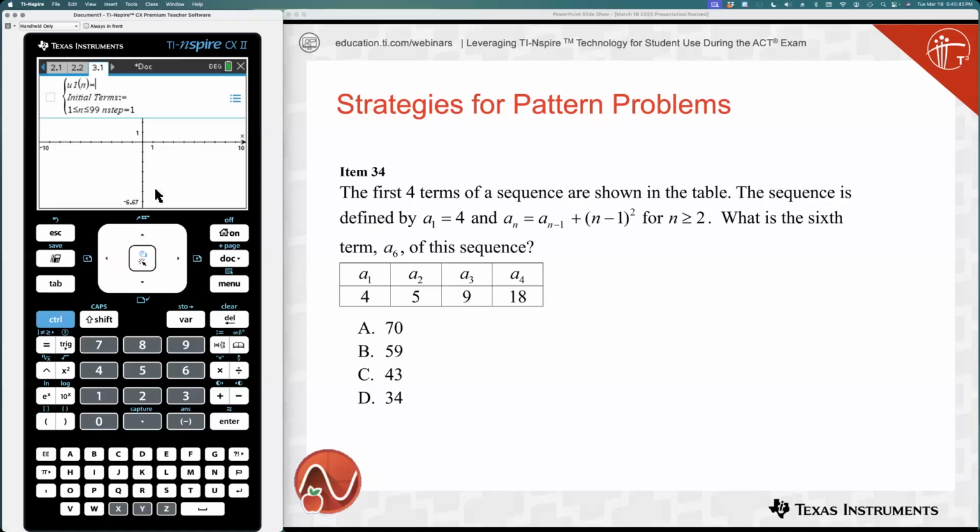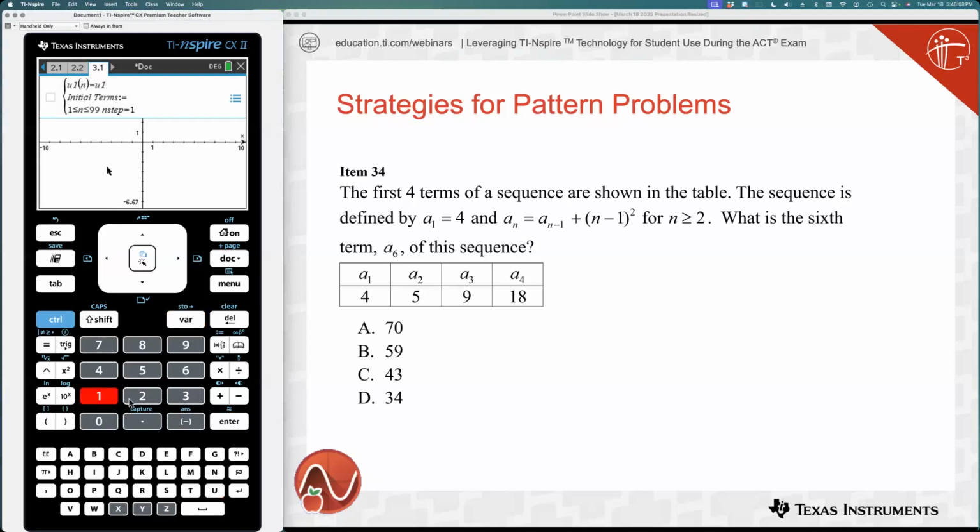So what is my sequence that we're going to graph? Well, we have a recursive sequence going on here. And so I need to be able to write this a sub n minus 1. And to do that, there is no variable yet. So I'm going to use U1. So sequences are U's.